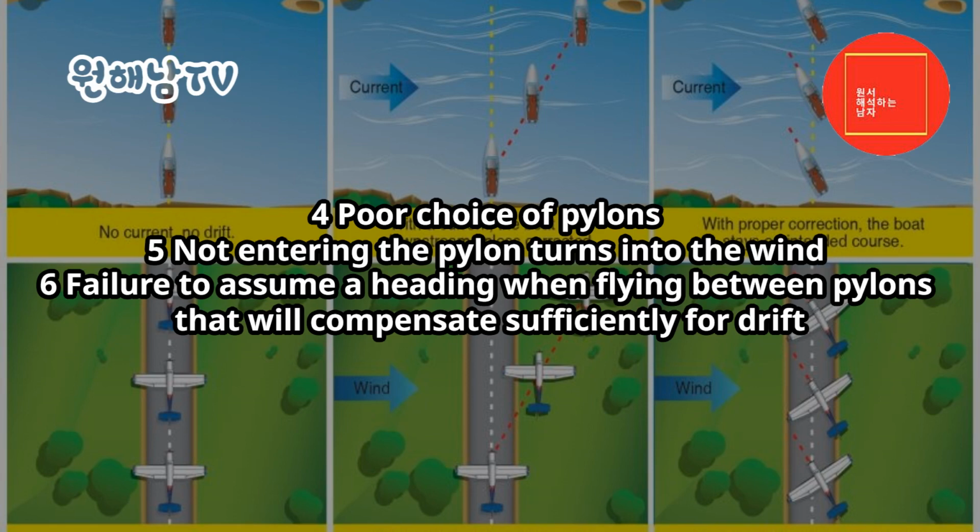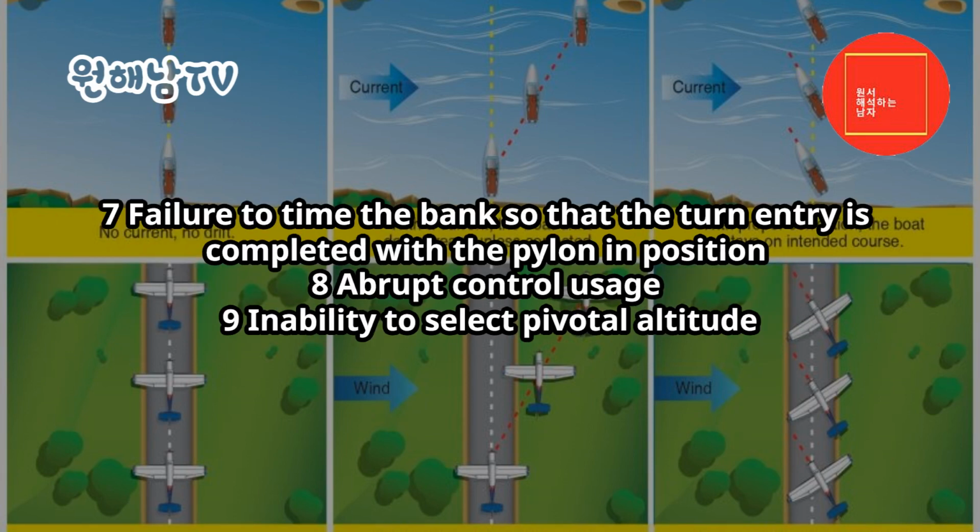Not entering the pylon turns into the wind. 6. Failure to assume a heading when flying between pylons that will compensate sufficiently for drift. 7. Failure to time the bank so that the turn entry is completed with the pylon in position. 8. Abrupt control usage. 9. Inability to select pivotal altitude.